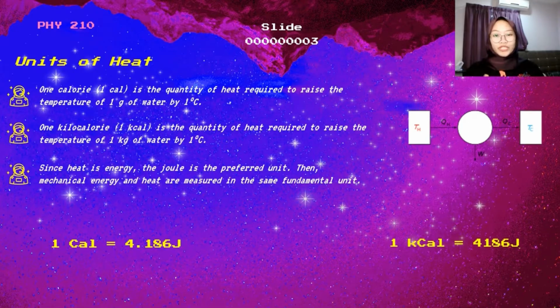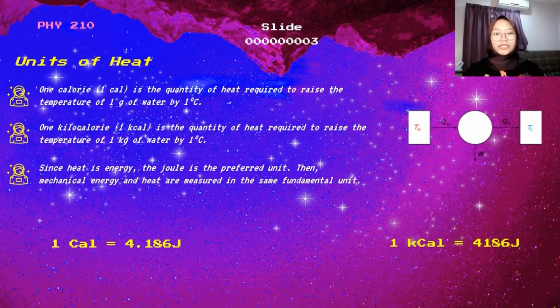Moving on to units of heat, 1 calorie is the quantity of heat required to raise the temperature of 1 gram of water by 1 degree Celsius. Secondly, 1 kilocalorie is the quantity of heat required to raise the temperature of 1 kilogram of water by 1 degree Celsius. Since heat is energy, the joule is the preferred unit.